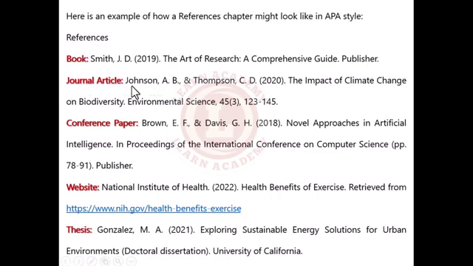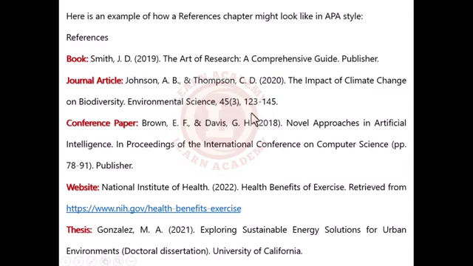Then journal article, if you are going to cite a journal article, you have the authors, the year of publication, the article title, which is The Impact of Climate Change, the journal name, which is Environmental Science.